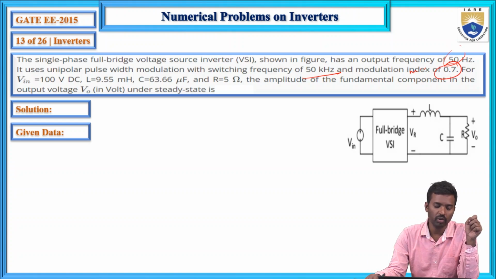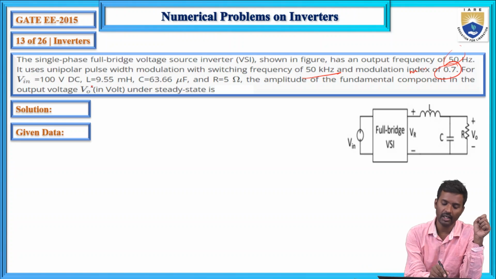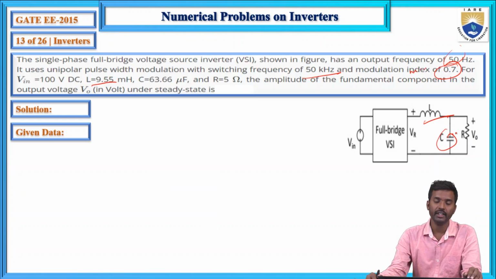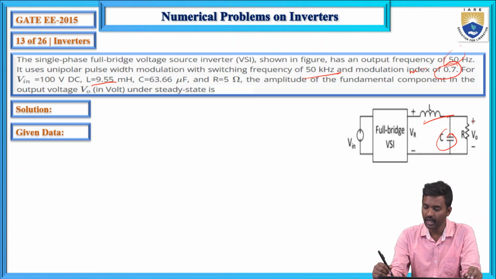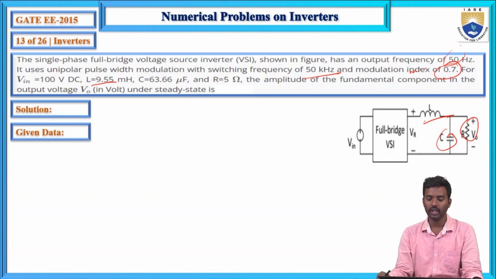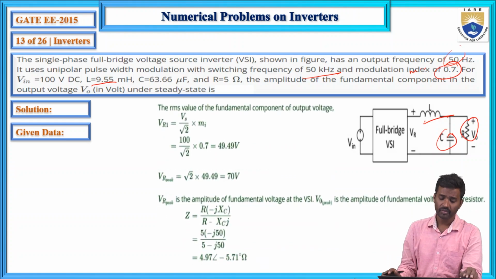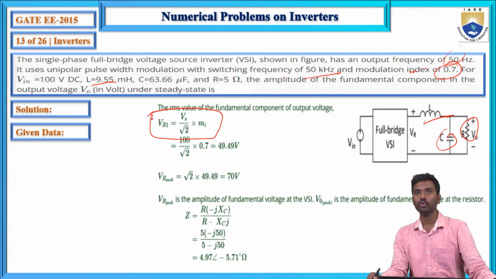For V input equals 100, L equals 9.55 millihenries, C equals 63.66 microfarads, and R equals 5 ohms. The amplitude of the fundamental component in the output voltage V0: how will you get the amplitude of output voltage? First, this is important, the RMS value of the fundamental component of output voltage.